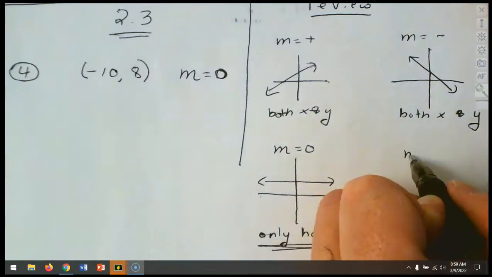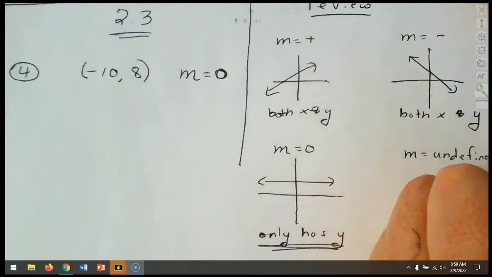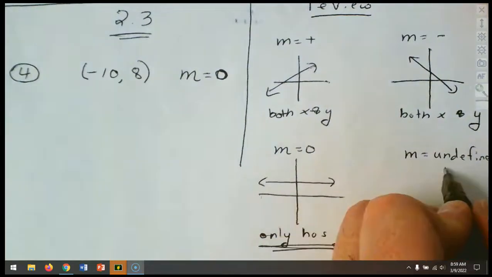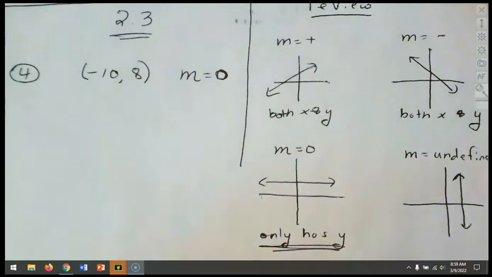If your slope is undefined, then it is a vertical line, and it has only the x values. So it only has an x in the answer.